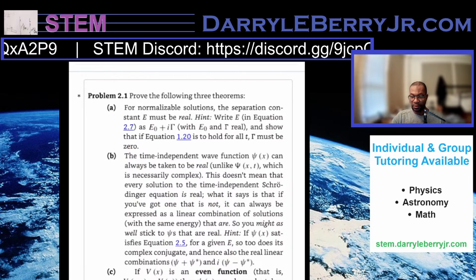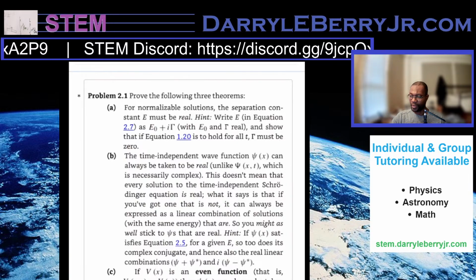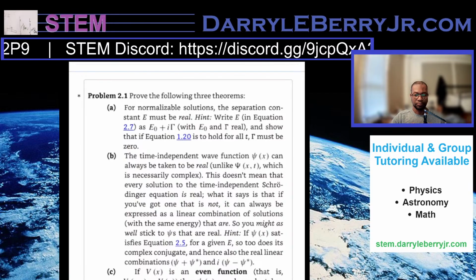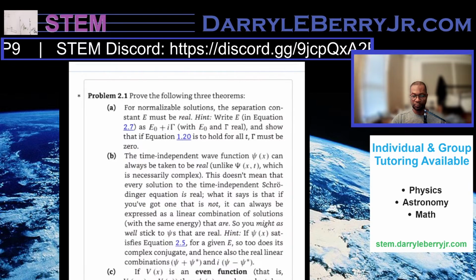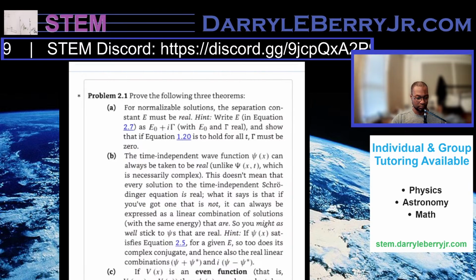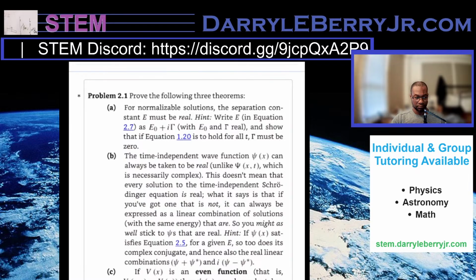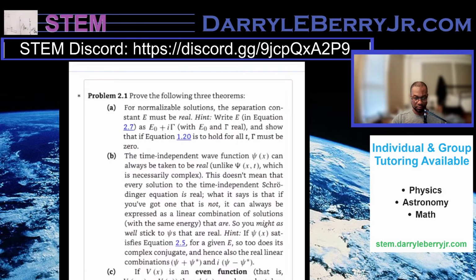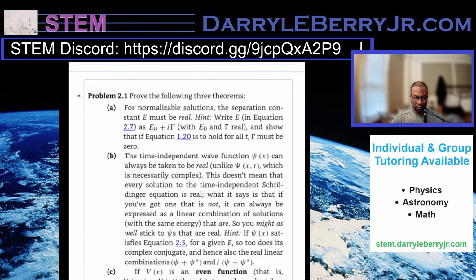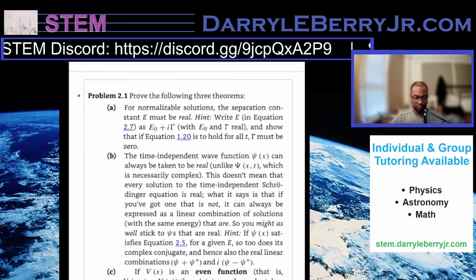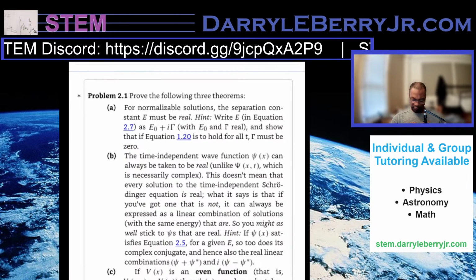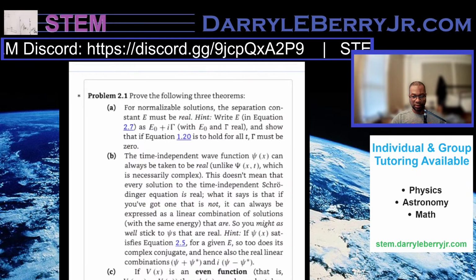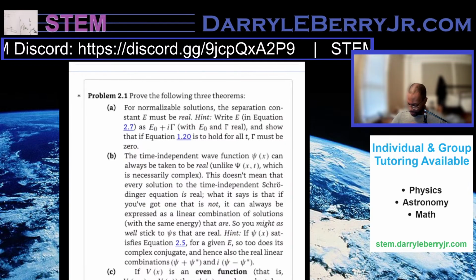I'll go ahead and write down the equations that are in question as well. So equation 2.7 will be this equation here.